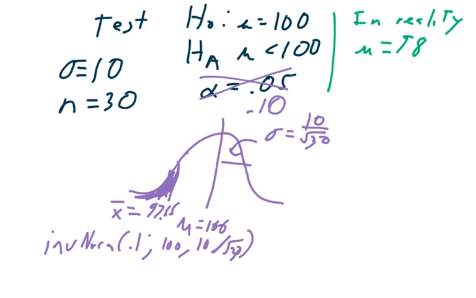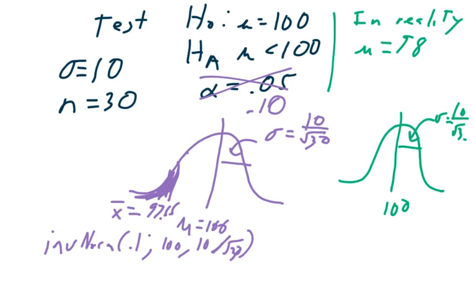And so if I want to reject correctly, I need to use that in my green normal curve. 100, mu equals 10 over the square root of 30. And here is x bar equals 97.66. And in this picture, that shouldn't be 100, that should be 98 because we're doing the true one. So 97.66 is really close to that. This is x bar and this is mu of x bar.